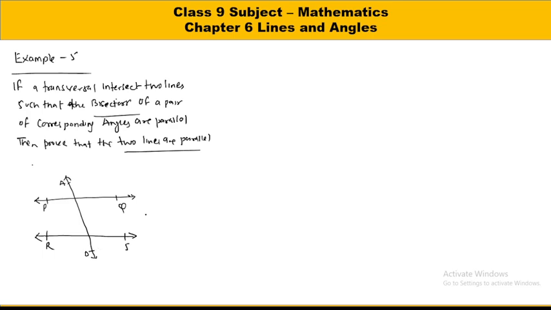Now these two lines are parallel to each other, that is not given here, such that the bisector of a pair of corresponding angles. So here let us say this is a corresponding angles, this pair is corresponding angle, angle 1 and angle 2. A pair of corresponding angles, we can see angle 1 and angle 2 are a pair of corresponding angles.